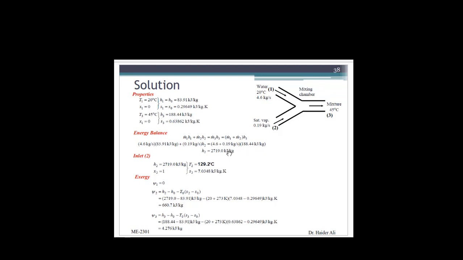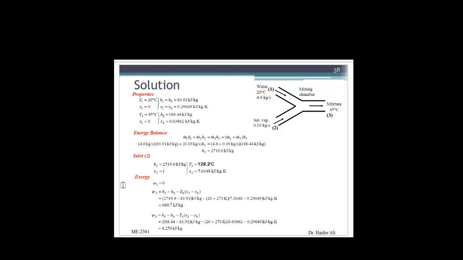We can apply the energy balance to find h2, which is m1 dot h1 plus m2 dot h2 equals m3 dot h3. From here we calculated h2, which comes out to be 2719 kilojoules per kg, and it's a saturated steam, meaning x2 is equal to 1. From here we calculated s2.